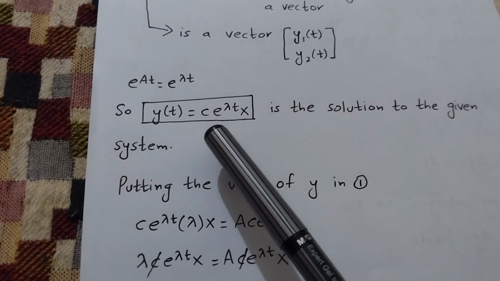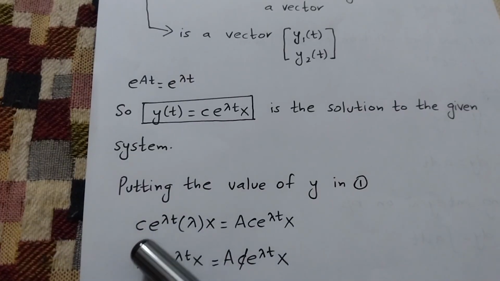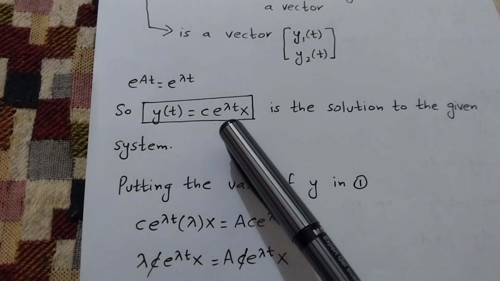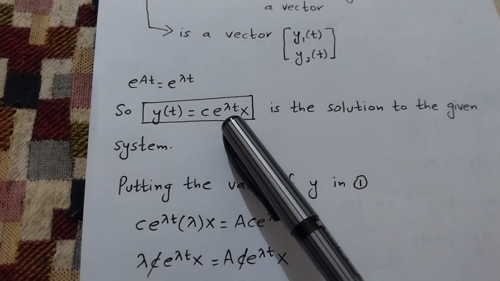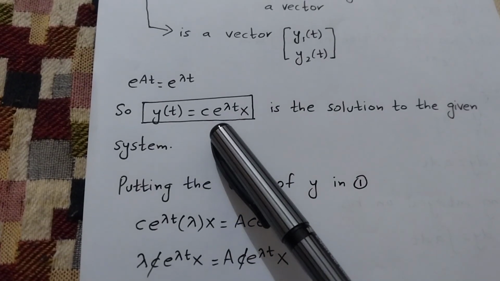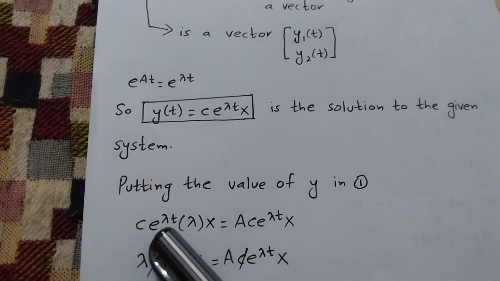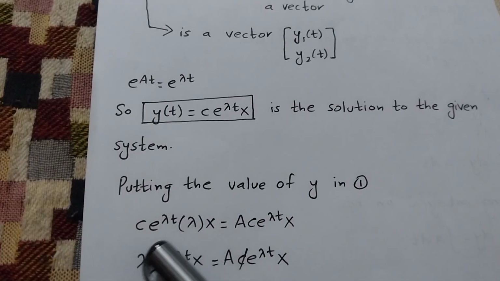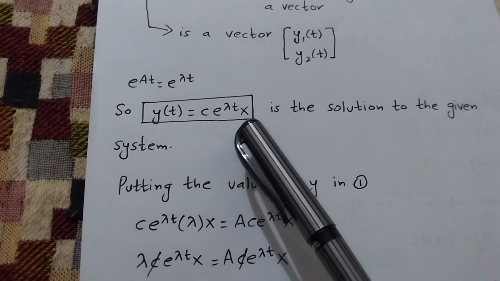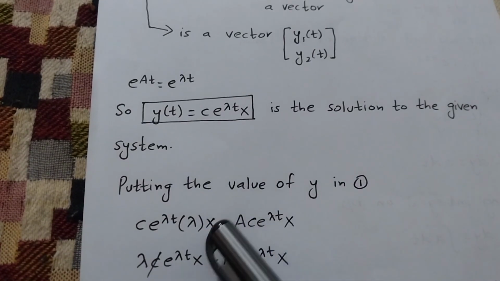The derivative will be c into, c is a constant, that will remain the same, and when we take the derivative of e raised to power, we are taking the derivative with respect to time. So e raised to power lambda t will have a derivative e raised to power lambda t, and then we will further take the derivative of this power. So lambda t would have a derivative lambda, so into that vector x.